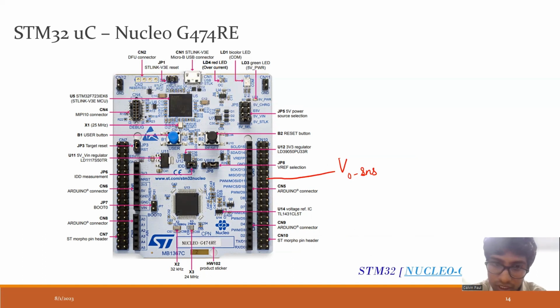This signal I will connect to this pin. Then the Q, that is the output of the logic, is the gate signal. It will come from an internal timer, so that will come out from here. So this is going in, this is going out. Like that, I can use this board for running the logic.